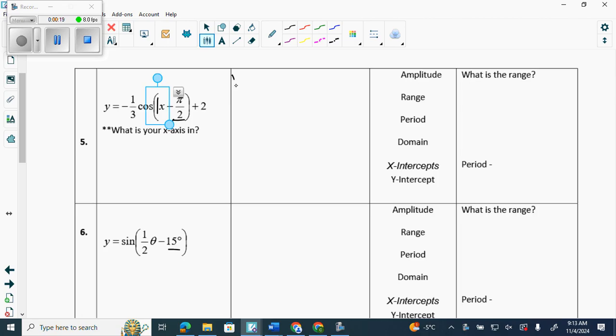So we have a vertical stretch by a factor of what? And I'll answer at once. 1/3. Y stays the same, x's go crazy, right? About the x-axis.